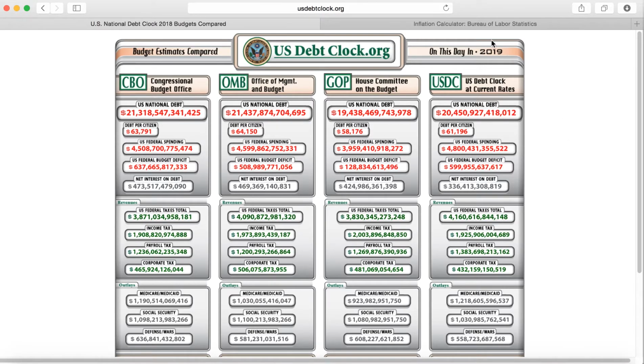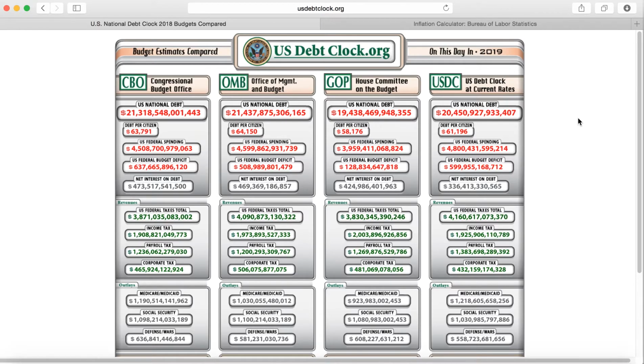Again, lots of really great data on this website. You can use this for all sorts of classes, poli-sci classes, and obviously your econ classes. Check this out and spend some time going over all the different facets of this until you really understand what's going on with the state of our national debt.